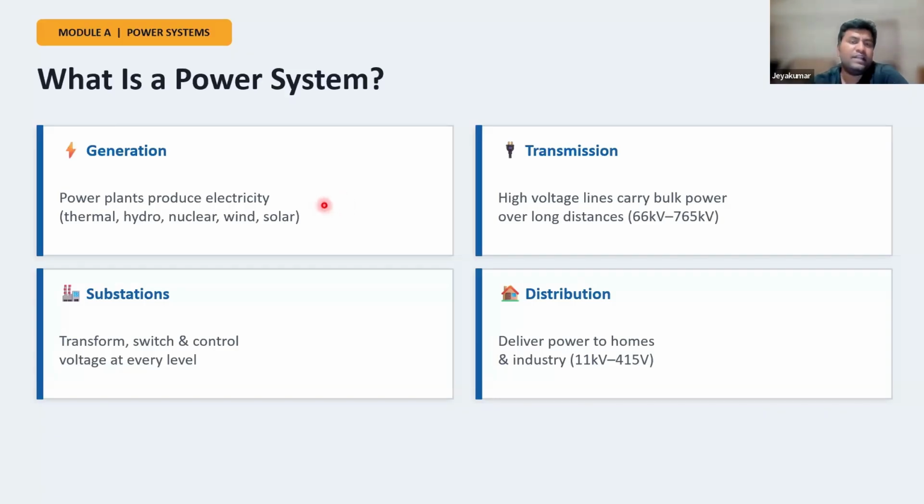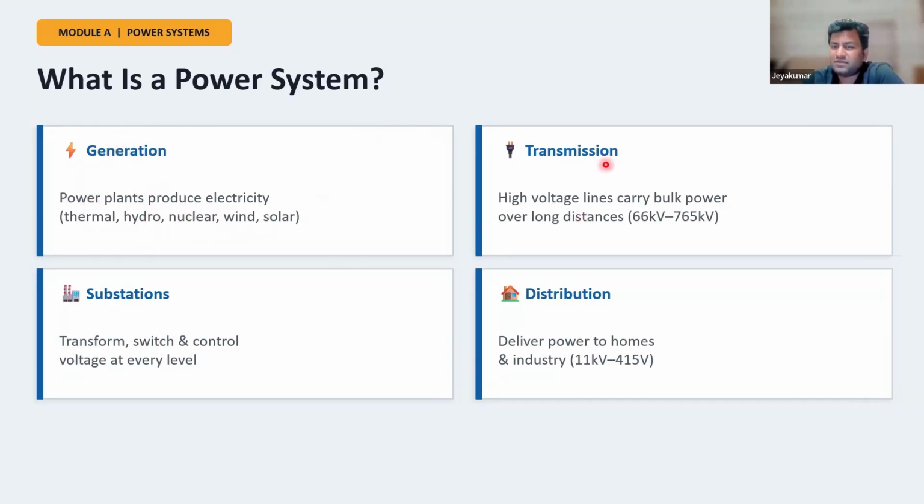So in the electrical part, we can categorize into three categories: generation, transmission, distribution, right? When we say generation, it means thermal, hydro, nuclear, wind, solar power. These are the areas where we are generating the power.